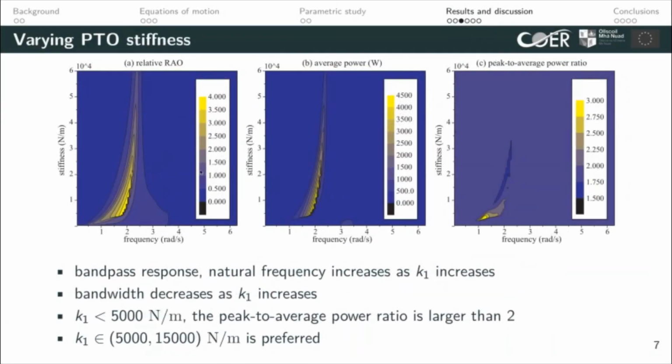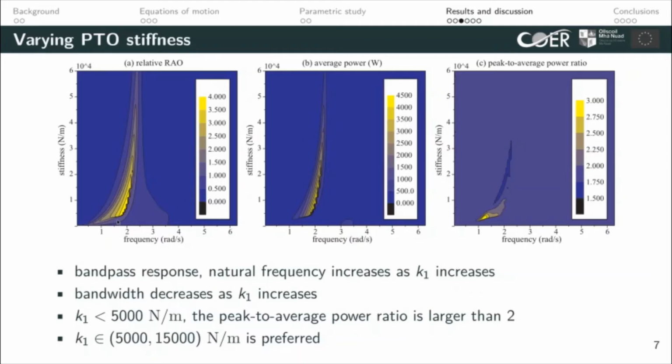By varying the stiffness, here shows the results. We can see that the system is a bandpass filter, and the natural frequency increases as the stiffness increases.